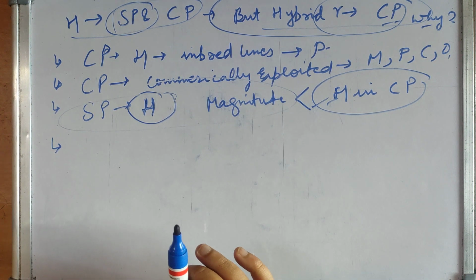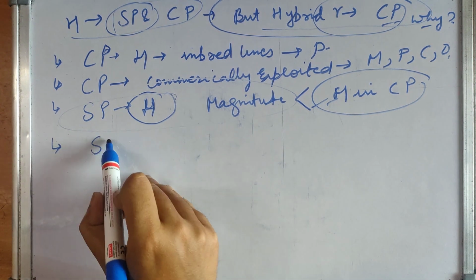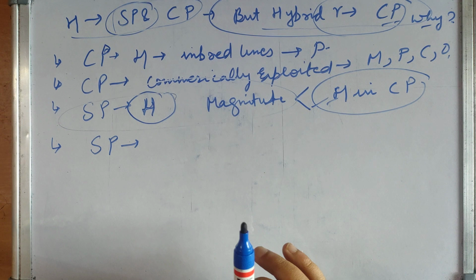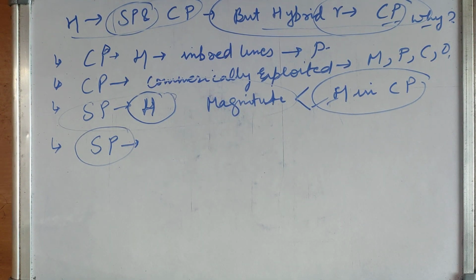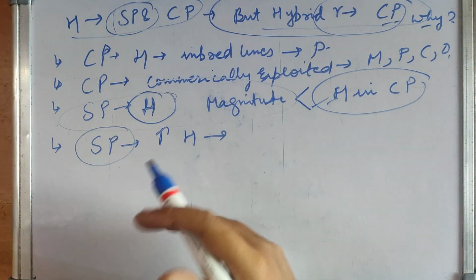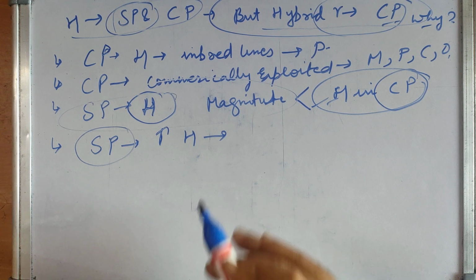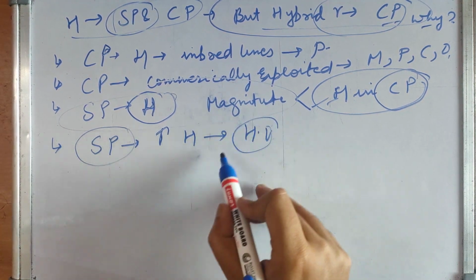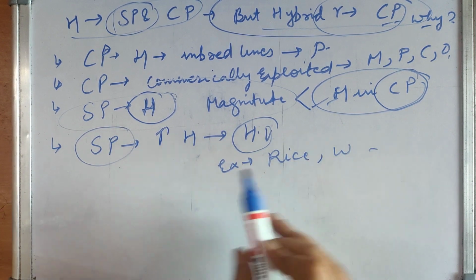But in some self-pollinated crops, heterosis is large enough to be used for production of hybrid varieties, not as high as in cross-pollinated, but enough for hybrids to be produced, such as rice, wheat, etc.